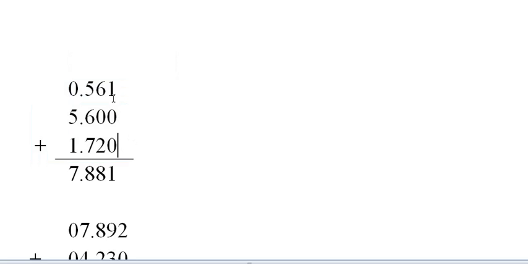So just do the simple addition out here now. 1 plus 0 plus 0, it will be 1 only. 6 plus 0 is 6, 6 plus 2 is 8. So 5 plus 6 is 11, 11 plus 7, it will be 18. Now this 1 will be carried over out here, so 1 plus 0, it will be 1. 1 plus 5 is 6, 6 plus 1 is 7, and this decimal point will come in its own place, as it is in these numbers.